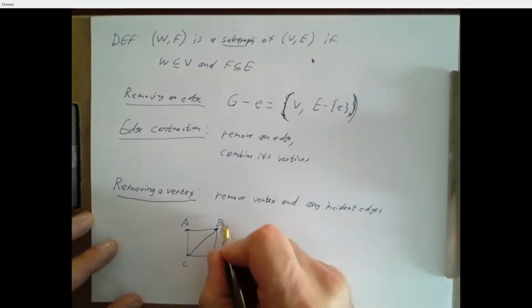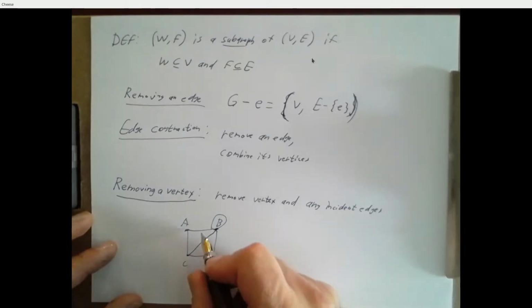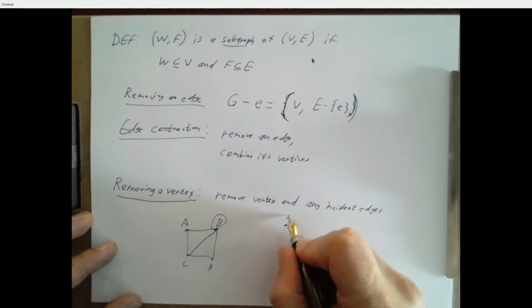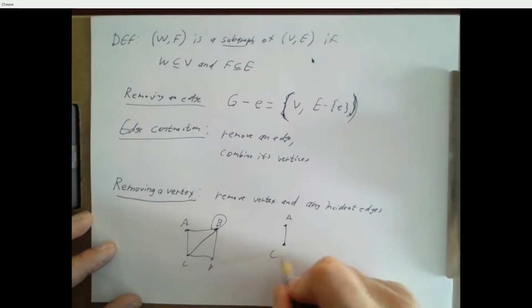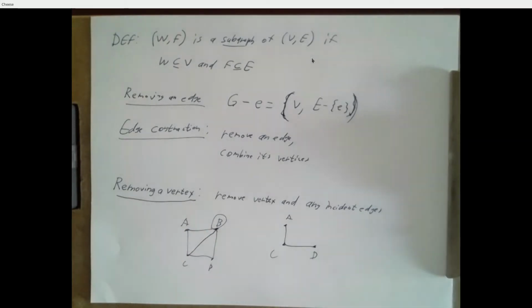So if we want to remove vertex B, we get rid of B, we get rid of all the edges that are incident to it, and so we're just going to be left with the following. And we basically have rid of those three edges. So those are manipulations we can do on graphs.